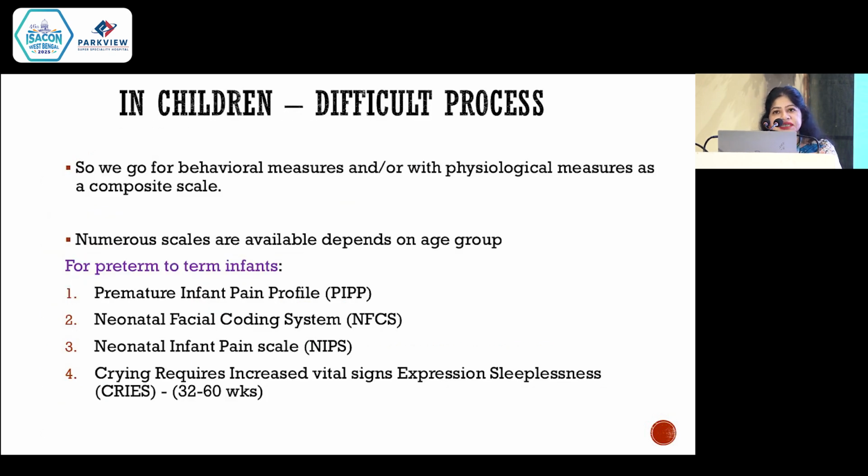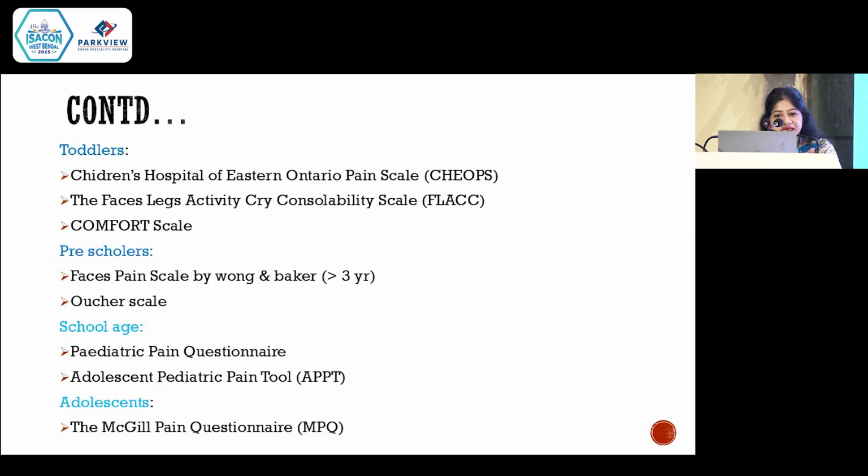So how do we treat pain? There's a 4-step model of pain management. The acute stimulation from a noxious stimulus goes through transduction, transmission, perception, and modulation.